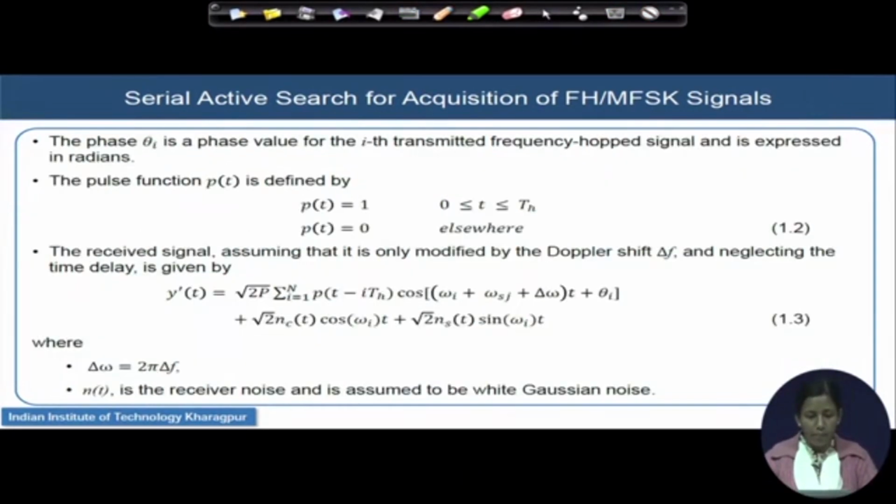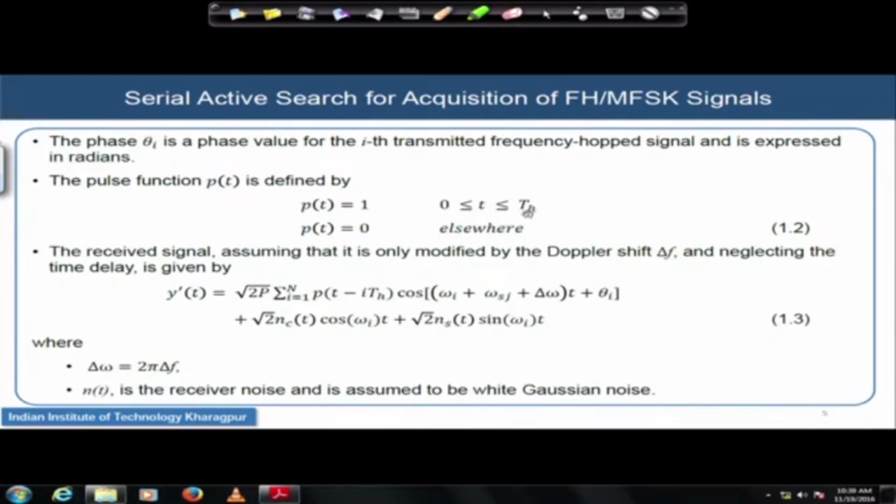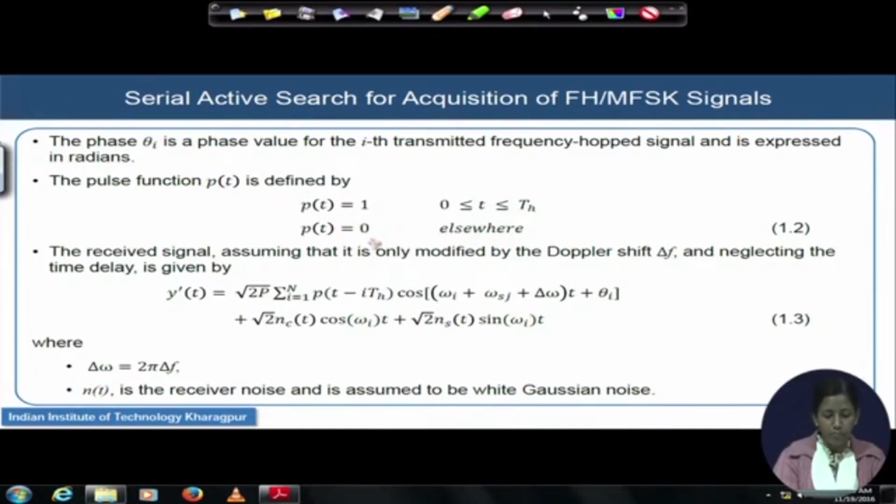Next slide. We have seen that p(t) is nothing but the basic pulse shape, and we will redefine what is the meaning of this p(t) here. p(t) is nothing but within this hopping duration, p(t)'s value will be equal to 1, otherwise p(t) will be 0.